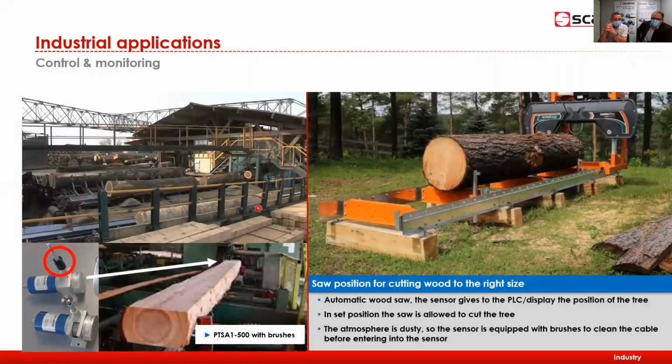Okay, so here we are more in the wood industry. Yes, you're right. The sensor can give the position of the tree, for example, and after, the saw can make the cut. In this kind of industry, there is a lot of dust.